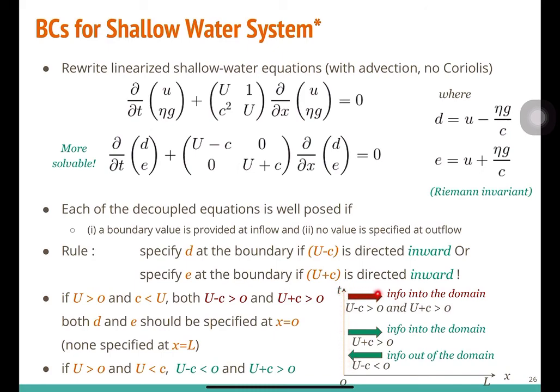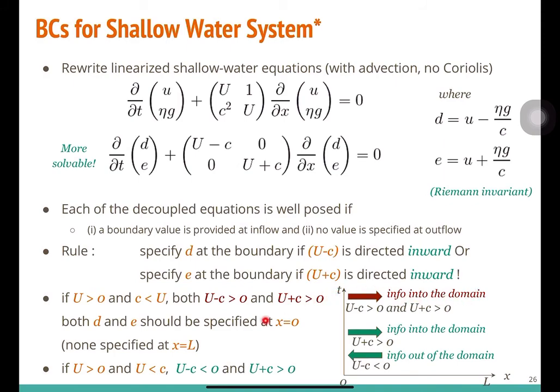So that is the dark red situation here for both of the variables. Then D and E should be specified at x equals 0 because both variables are inflowing from this boundary. And none should be specified at x equals L because we can always calculate that.